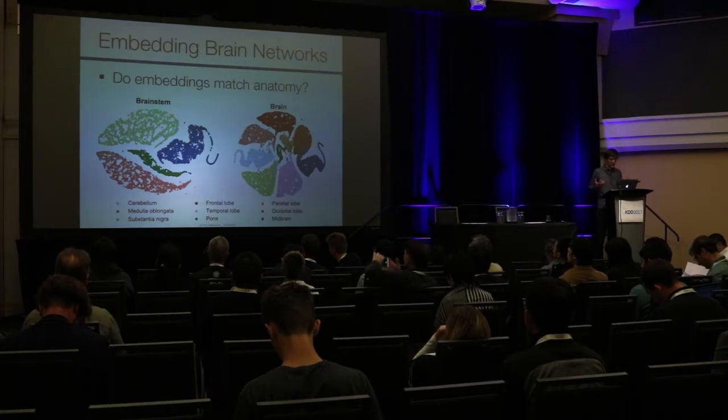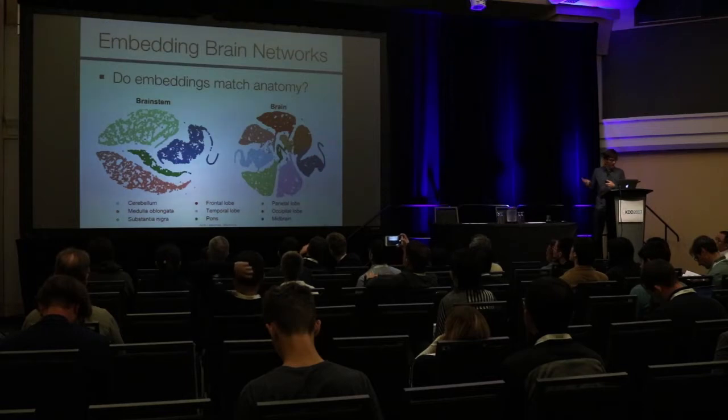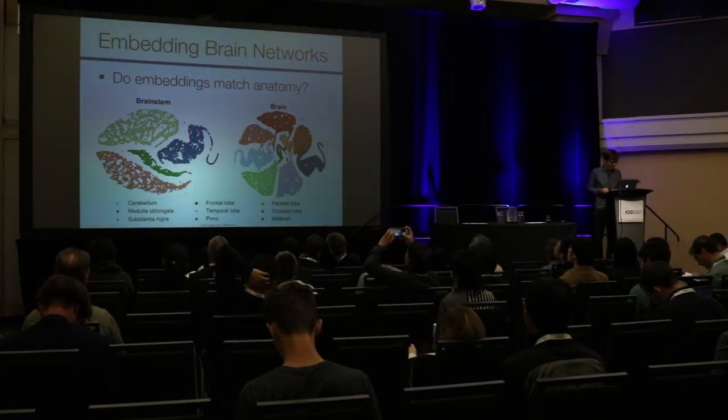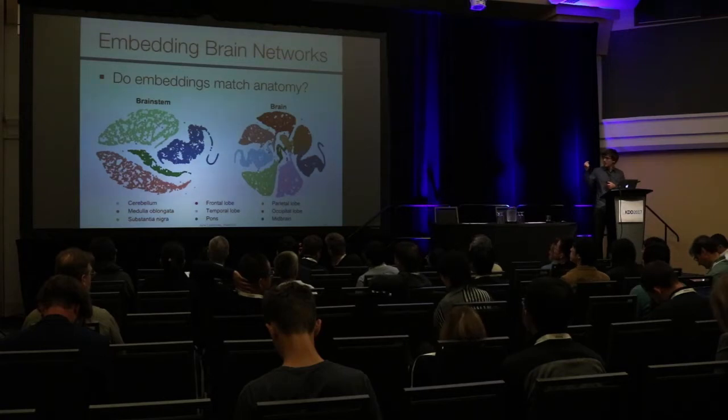How do the embeddings we learn look? For example, if you take the learned embedding and project it down to 2 dimensions using t-SNE, here I showed you before the hierarchical network for the brain. What I do here is, for every node, every protein is a dot.